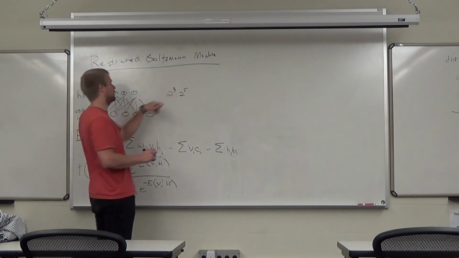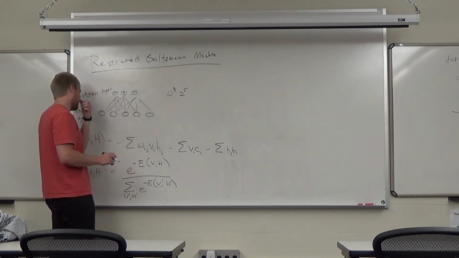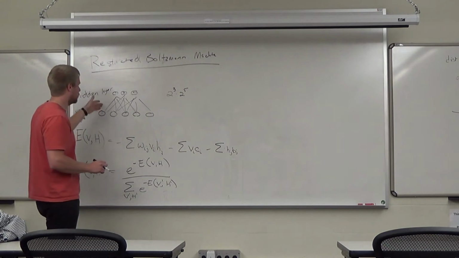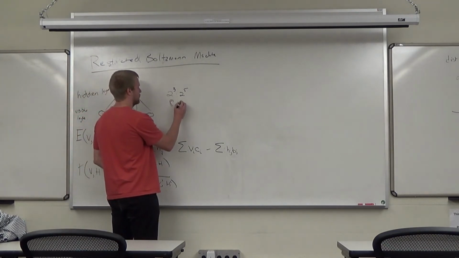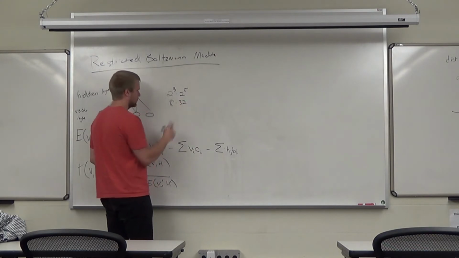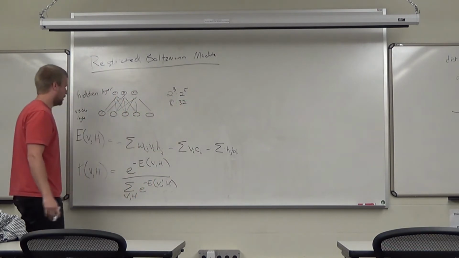So we multiply these to count the number of possible ways. In a network like this, it's not very large. It's, I guess, 8 times 32, which is a few hundred or so.